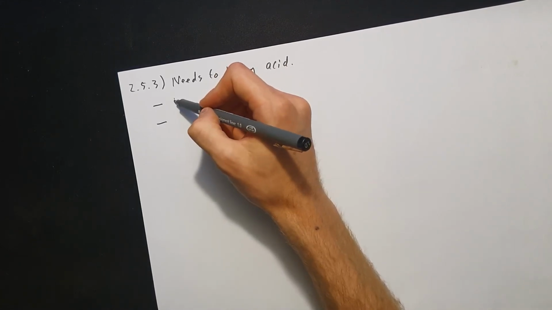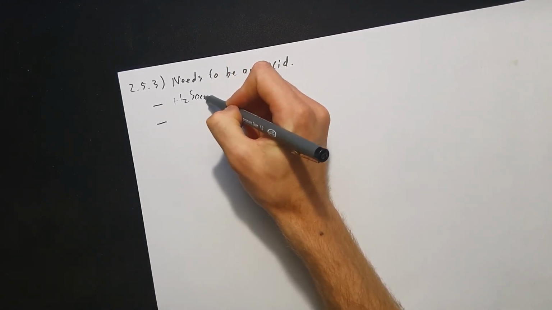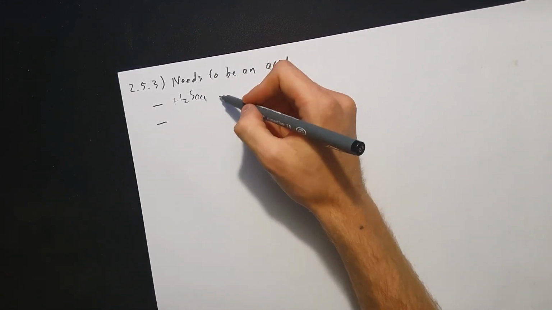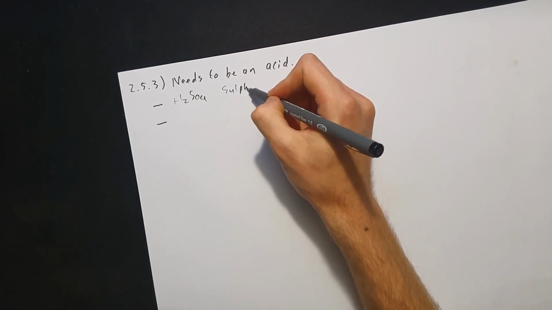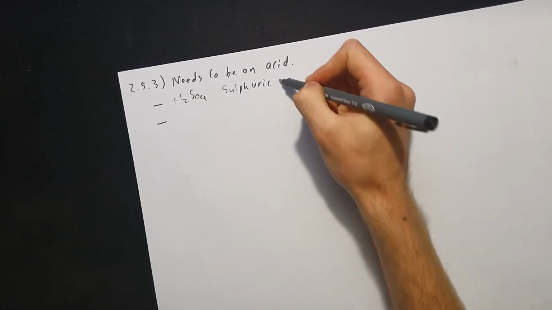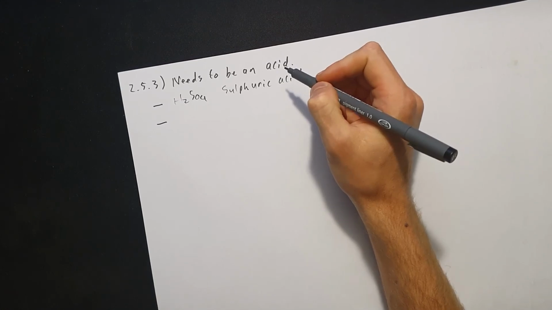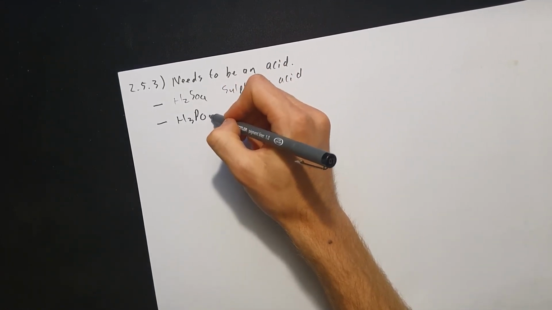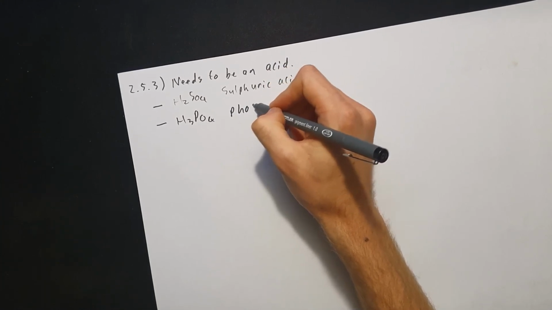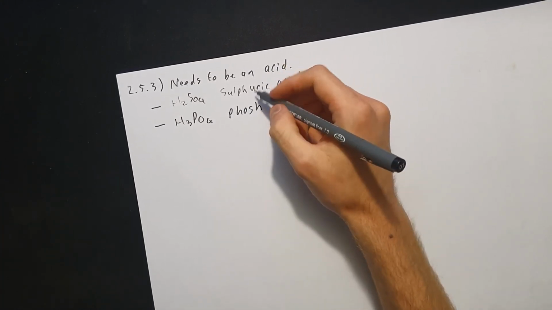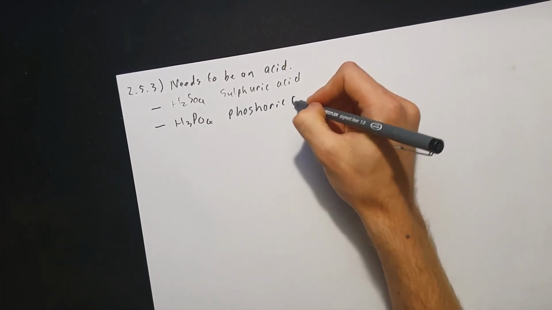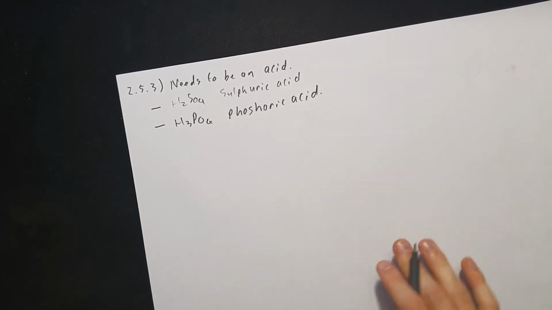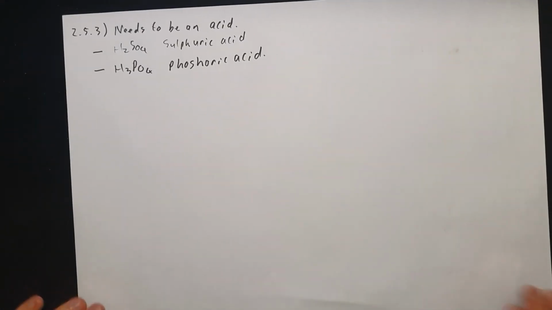It's either H2SO4, which is sulfuric acid, or it's H3PO4, which is phosphoric acid. And that's how we go about doing question 2.